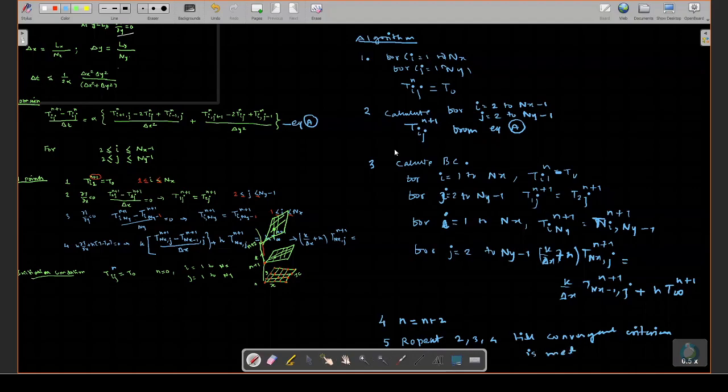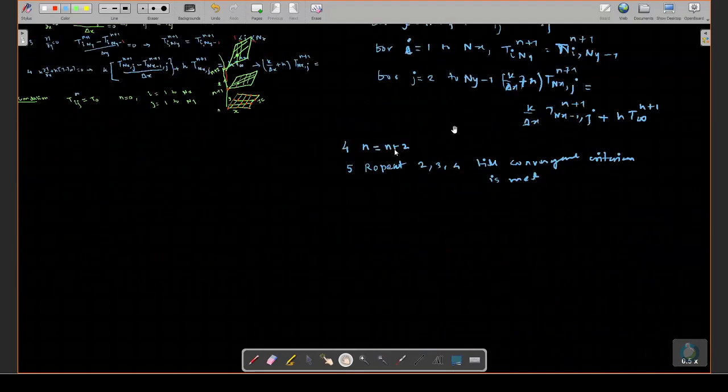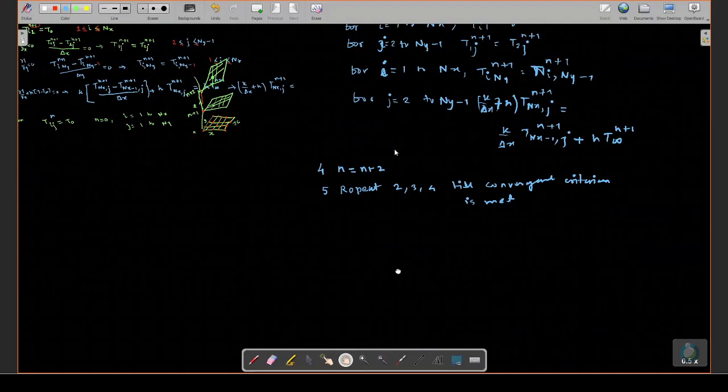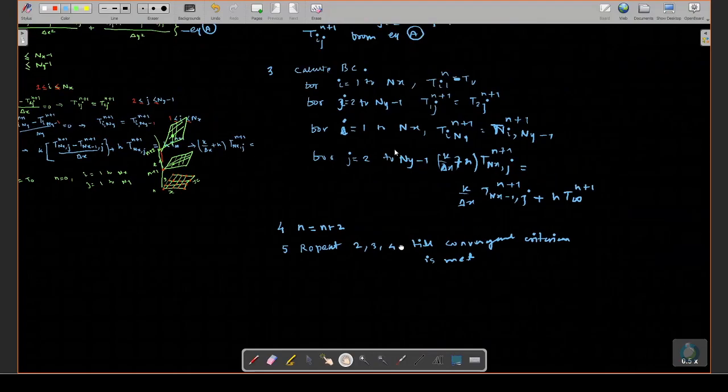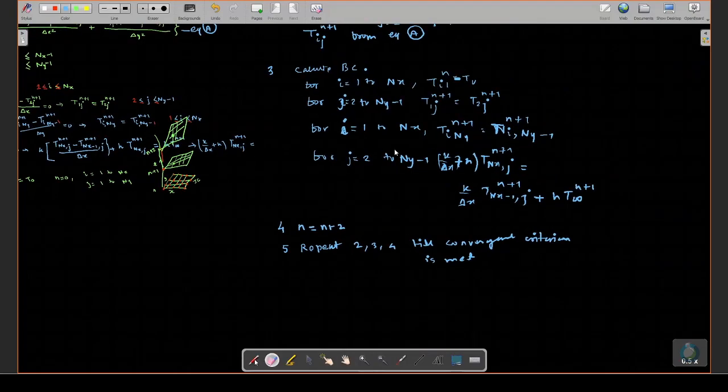Okay, so there can be various convergence criteria. What can be the convergence criteria? Steady state can be a convergence. At some steady state, your domain values from the previous values will show no change between the values. Between n and n plus 1, you will not see any change at these points.